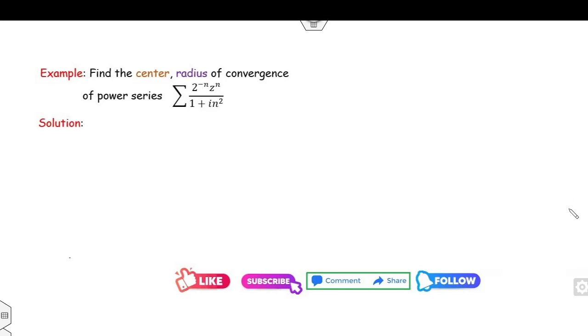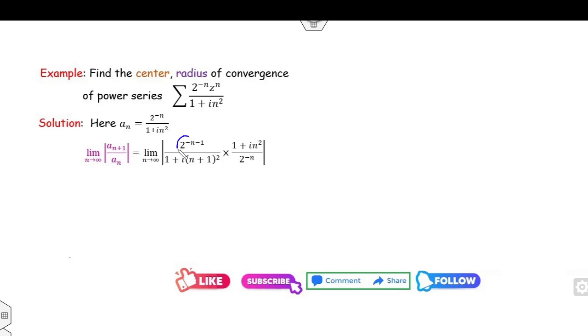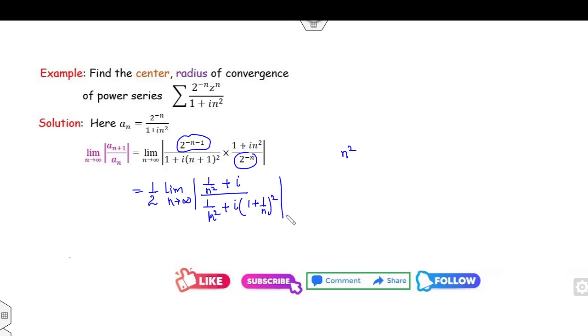Similarly, you can find the center and the radius. That's a similar one. You can start with a_(n+1). You can see from this case, it will be 2 raised to the power minus 1. So that is my outside. I can divide the rest of the terms, numerator and denominator, by n squared. It is 1 over n squared plus i, 1 over n squared plus i, 1 plus here. Fine.